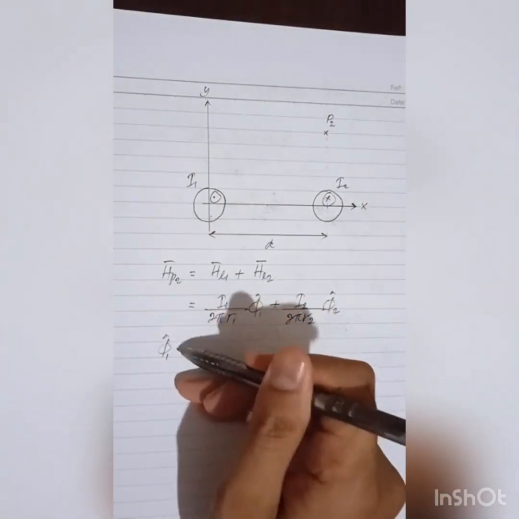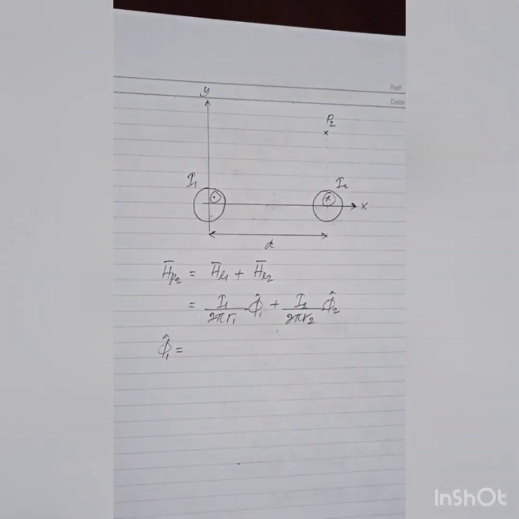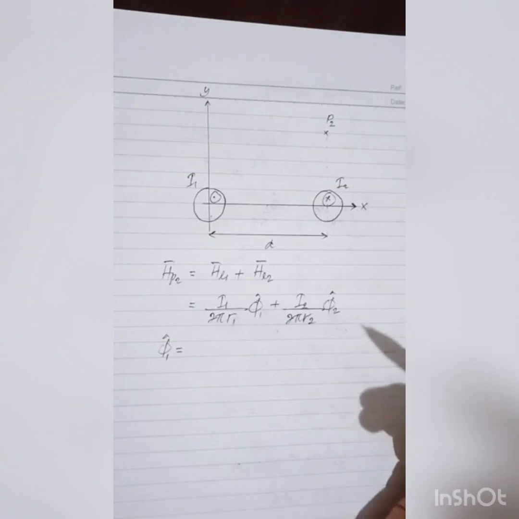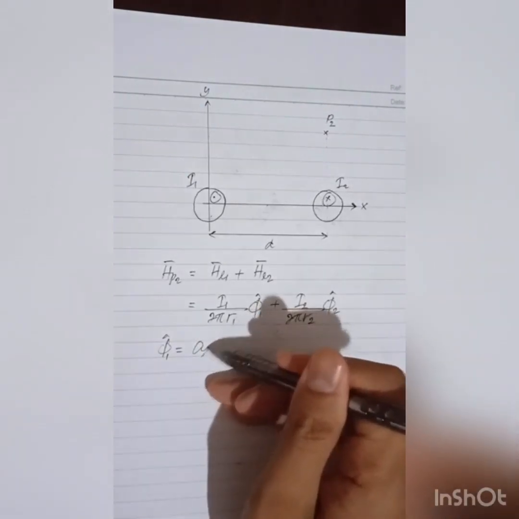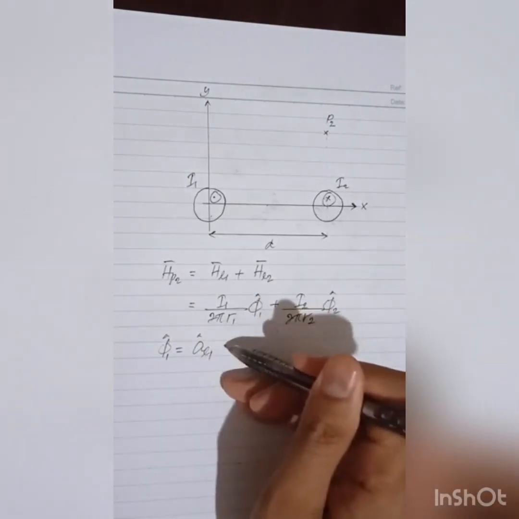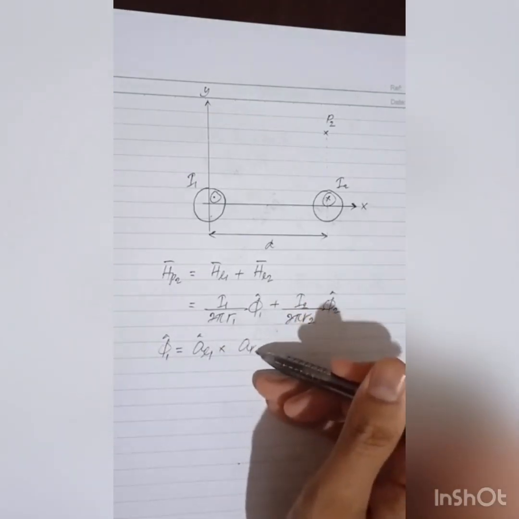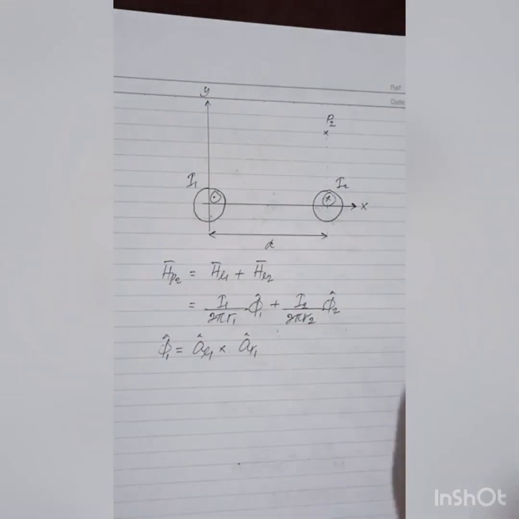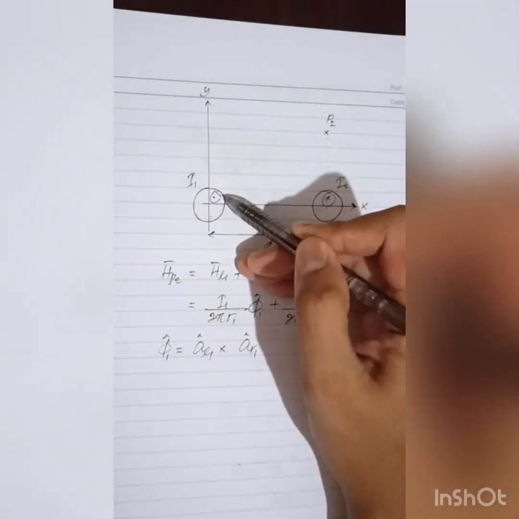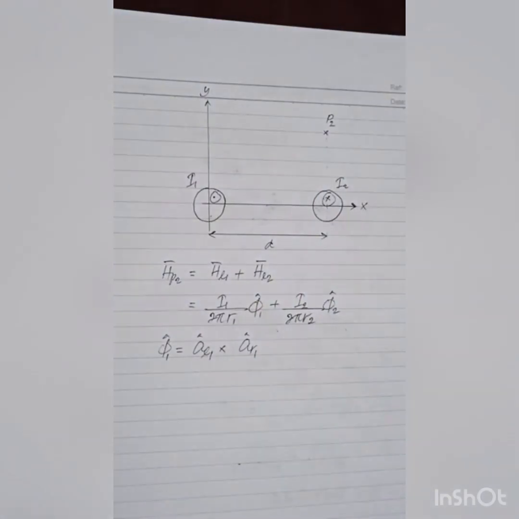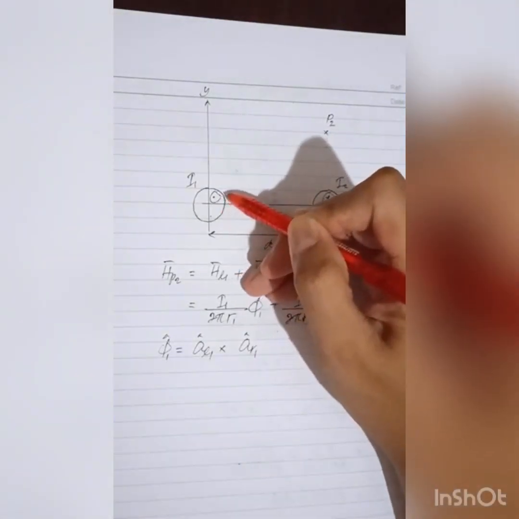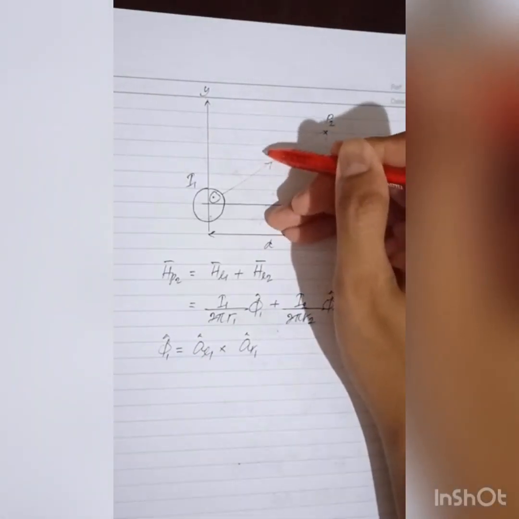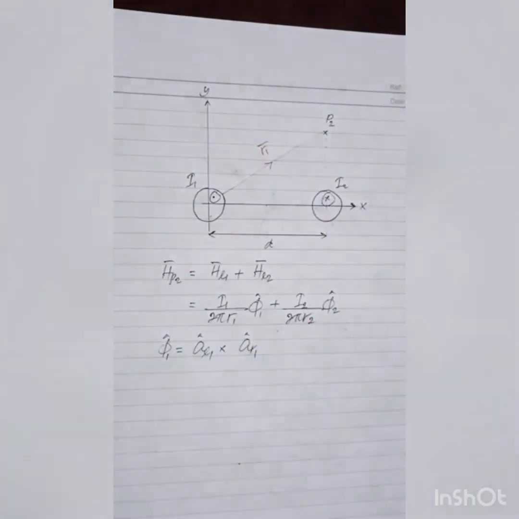It can be represented using the cross product between the unit vector of the first line current and the unit vector of R1, which joins the line current to the point of interest. Let's denote this as the R1 vector.